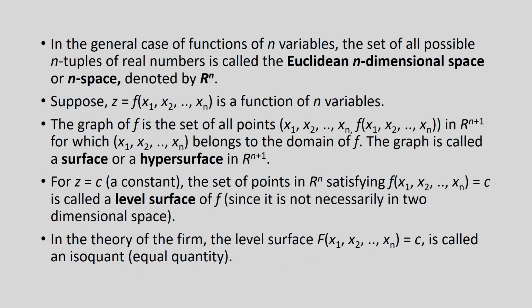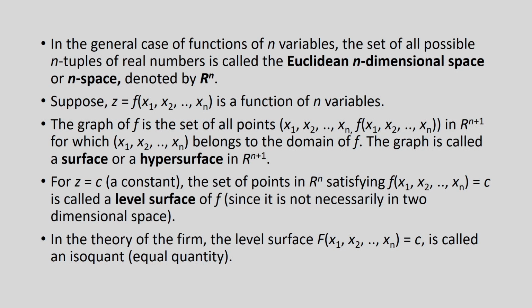Okay, now from 2 dimension we come to n dimension, the general case. In the general case of functions of n variables, the set of all possible n tuples of real numbers is called the Euclidean n dimensional space or n space. This is denoted by R^n.